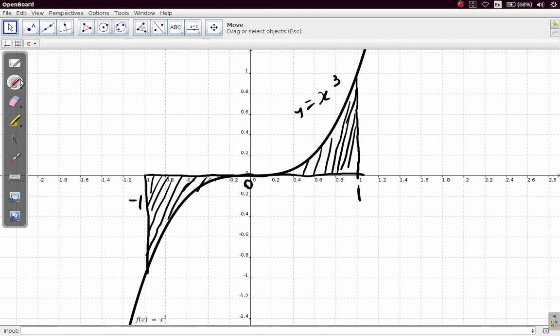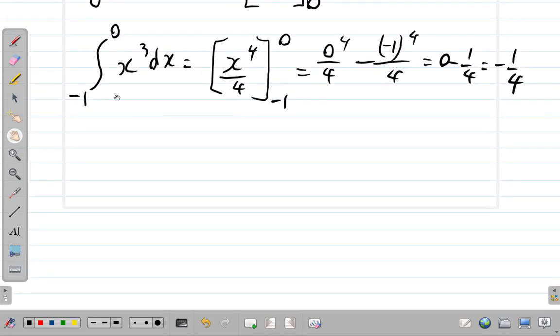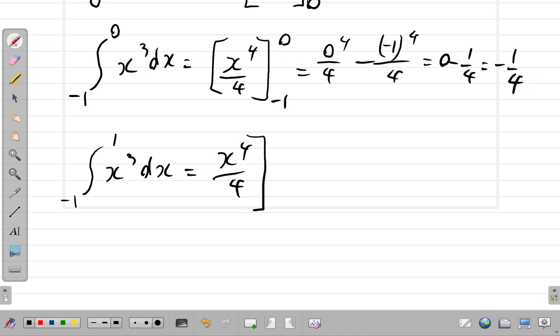So let's try. We want the integral from -1 to 1 of x cubed dx. This is x to the 4 over 4. And as usual, you remember, we don't need to write down the constant of integration because it will subtract itself anyway.